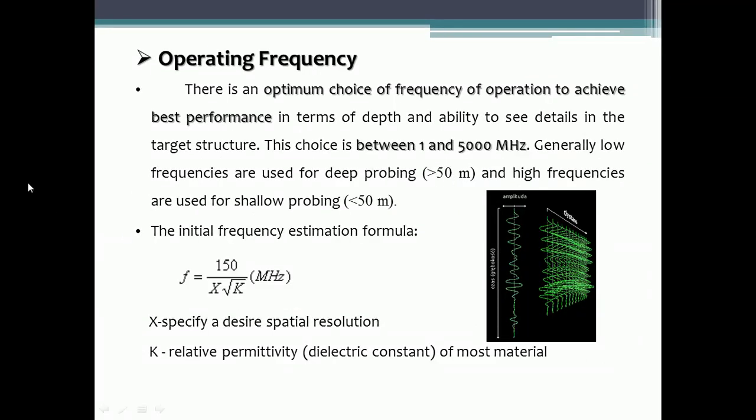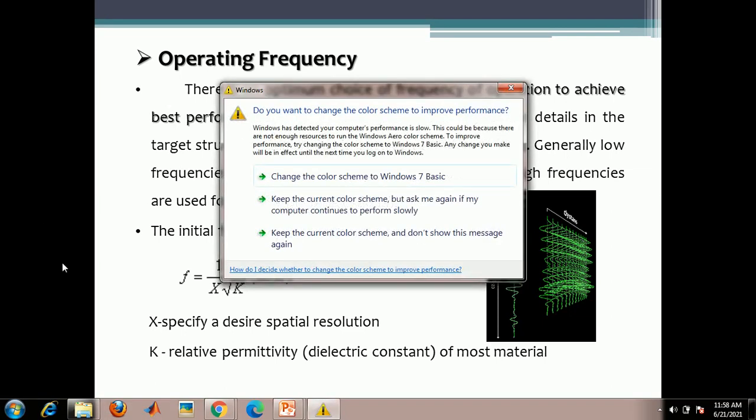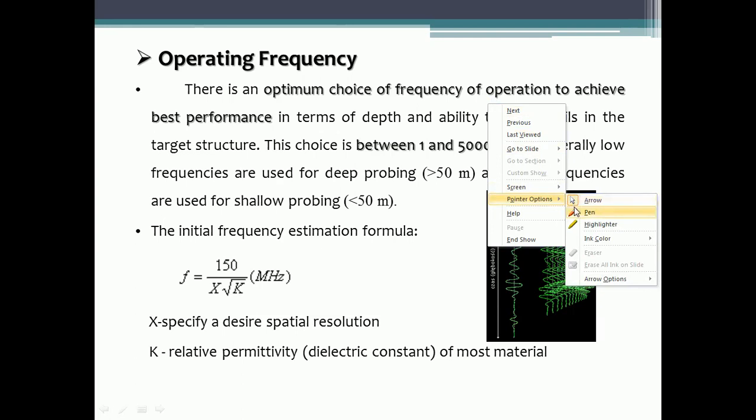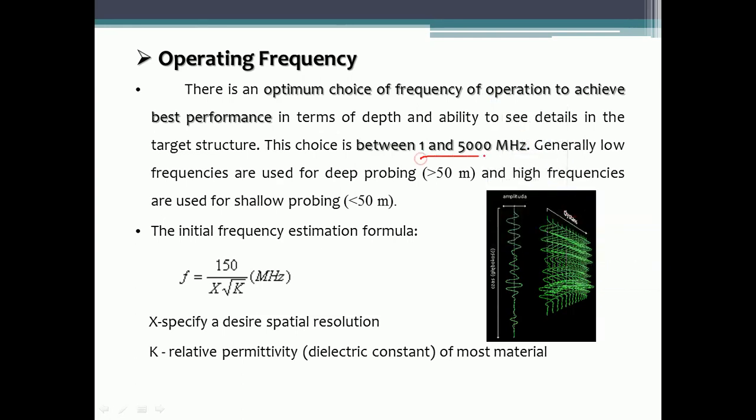The operating frequency is one of the most important factors in GPR, because the depth of penetration is directly related to the operating frequency. We can use wave frequencies from 1 to 5000 megahertz, for different purposes.